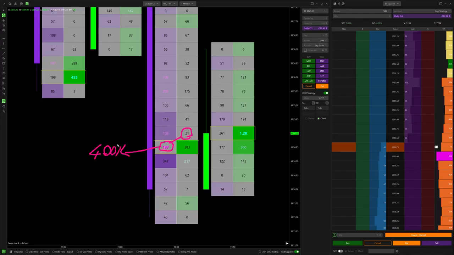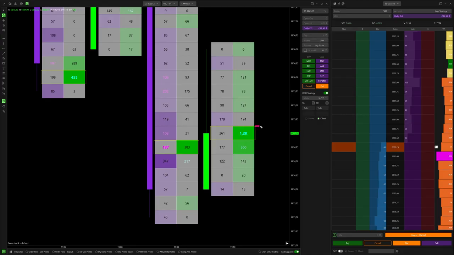And in some situations, you're going to see both. You're going to see both a high color indicating the imbalance, a high color in the background indicating delta, and that's where you know there's something real going on, right? This is a clear example of absorption.